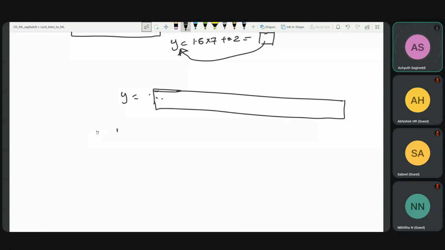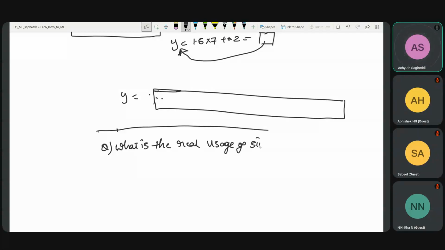Let me ask a question. What is the real usage of simple linear regression? Tell me, guys.